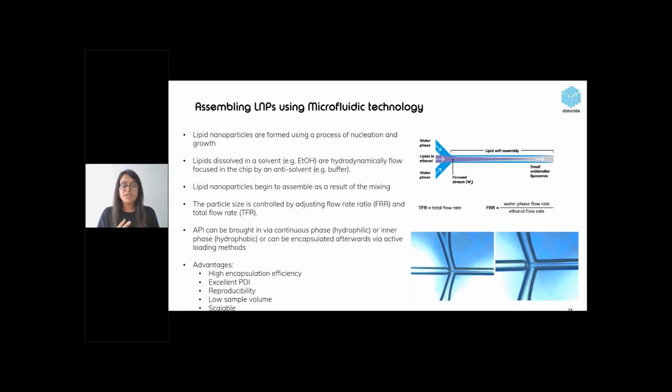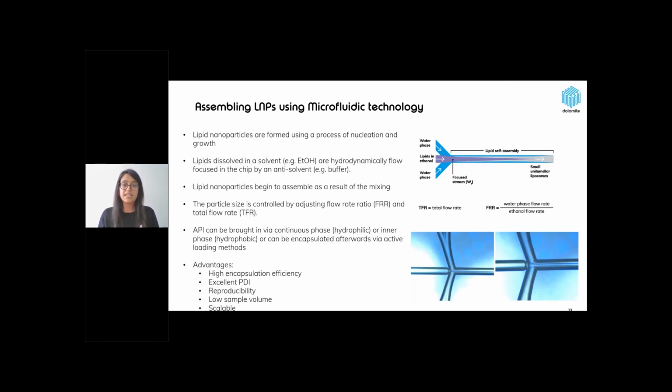Lipids can be dissolved in a solvent of your choice, so this could be ethanol in this case, or it could be chloroform, methanol, or a mixture of different solvents. And these lipids are hydrodynamically flow focused in a chip by an antisolvent. So the antisolvent is usually an aqueous buffer, for example, and contains your API or your genetic material.